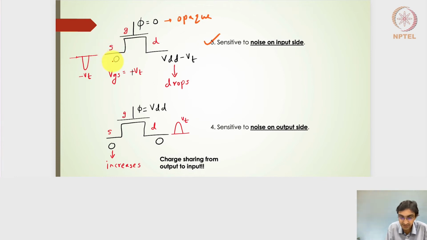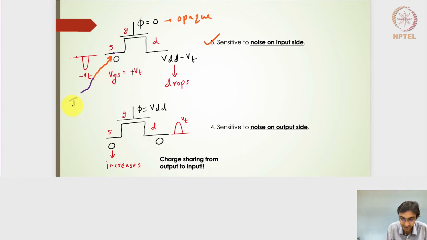Let's say the input has changed to 0. Of course, there will be some kind of leakage current, a subthreshold leakage current, which will make this drop. But irrespective of the subthreshold leakage current, let's say that at the input side there is a noise signal which gets coupled to this input of the NMOS transistor, right?